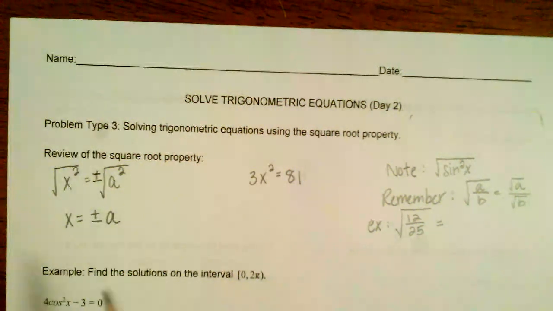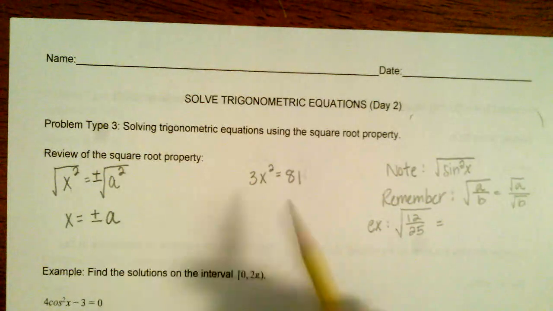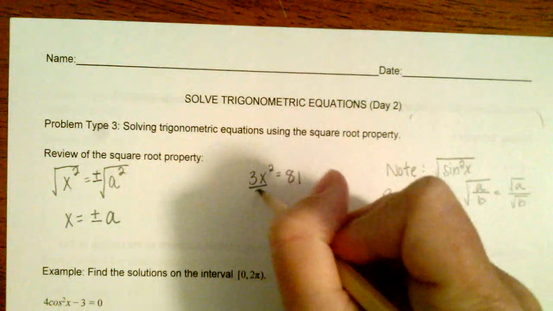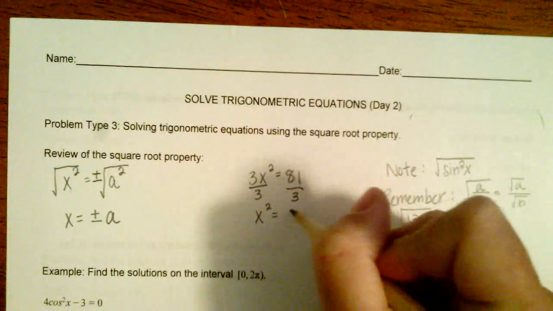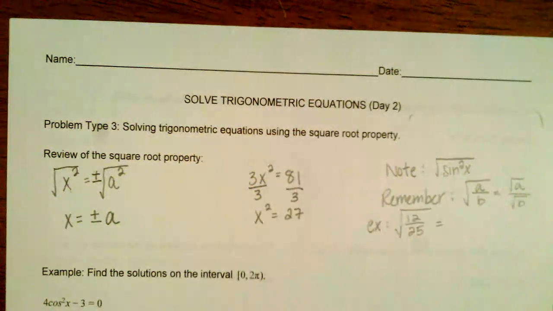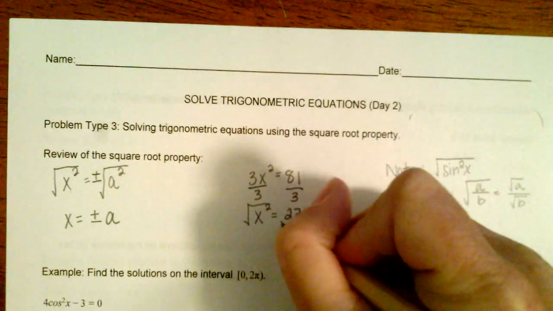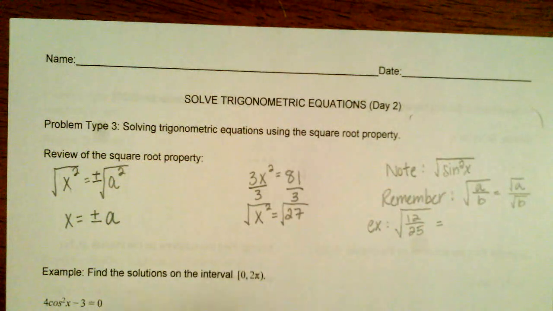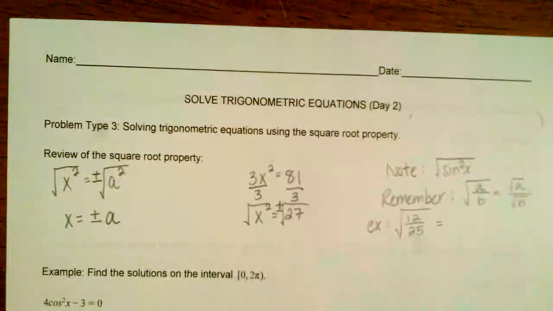Also, when you use the square root property, you need to have the squared value isolated first. So in this case, we're going to divide both sides by 3. We're going to get x squared equals 27. And then I'm going to take the square root of both sides. When I take the square root of a number, I always remember my plus minus.